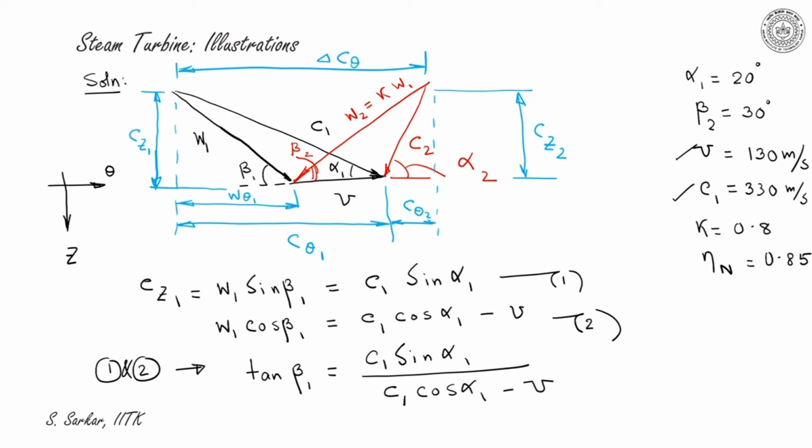I know the value of U, that is 130 meters per second. I know the value of alpha 1, 20 degrees. So put all the values here and you will get beta 1 equal to, please recheck the calculation, I have got beta 1 equal to 32.075 degrees.